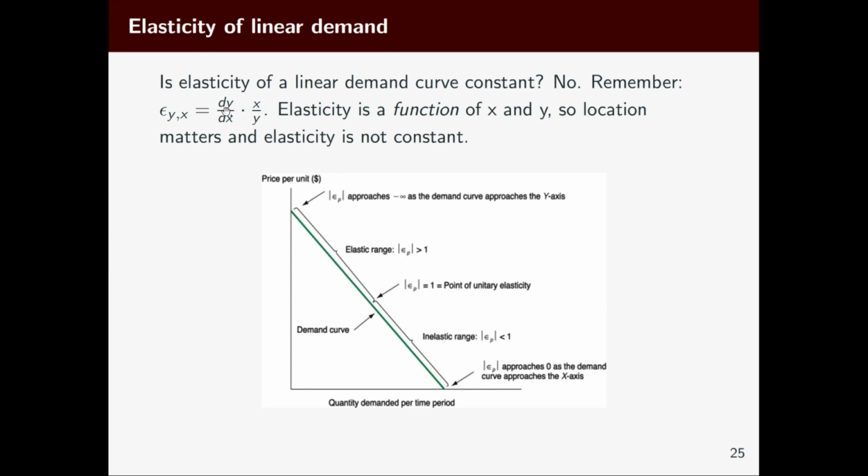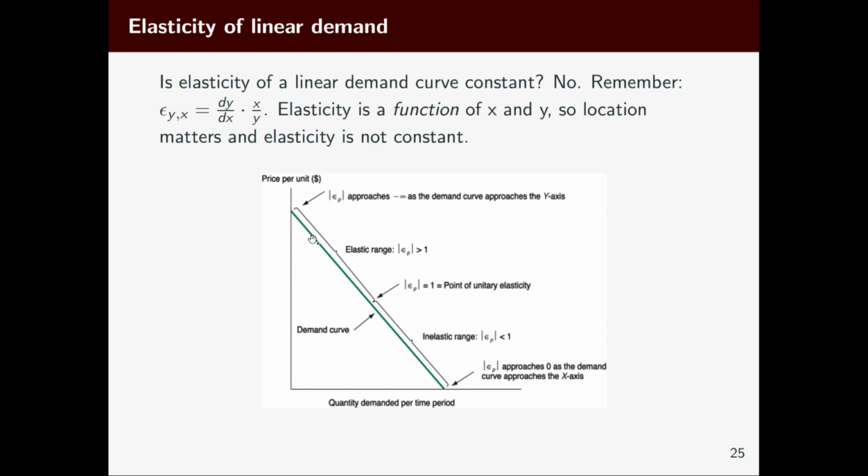So in this case, our y is going to be quantity, our x is going to be price. So the derivative of our quantity demanded, this is the partial derivative of quantity demanded with respect to price, multiplied by quantity demanded divided by price. This elasticity measure is going to then be a function of where we are in quantity and price.